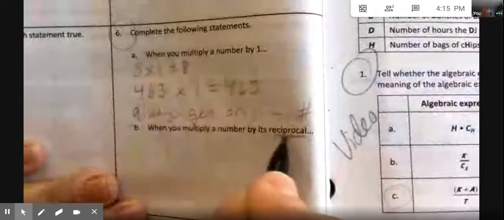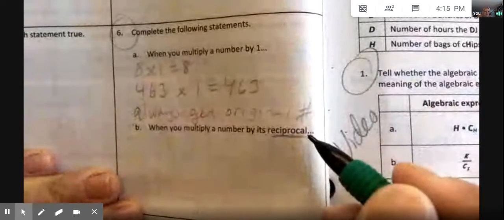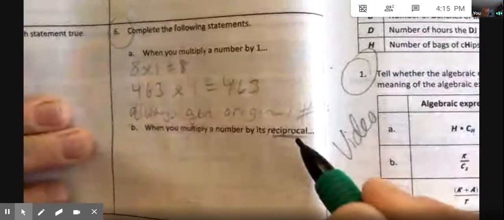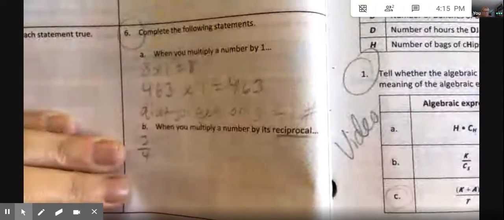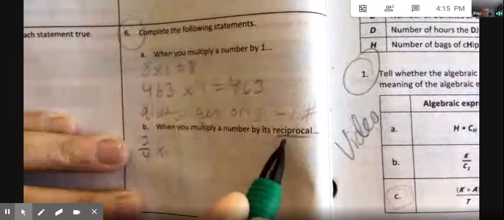And when you multiply a number by its reciprocal, oh, there's a big word. Not a lot of people remember what a reciprocal is. For a reciprocal, you have to have a fraction. So let's talk about the fraction 3/4. And we're going to be multiplying it with its reciprocal.